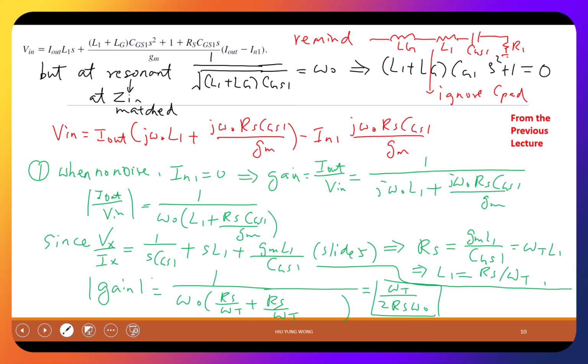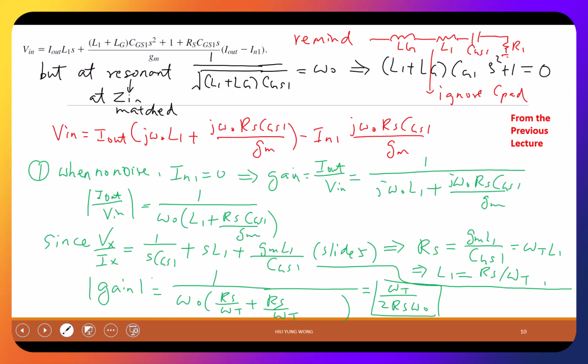Although we don't encourage memorization nowadays, if you're really good at something, you will memorize. What is omega naught? Whenever you see naught, it is the resonant frequency, which means it's the operating frequency, right?